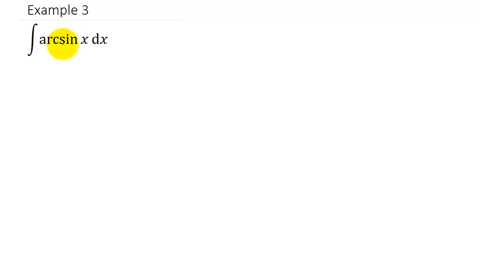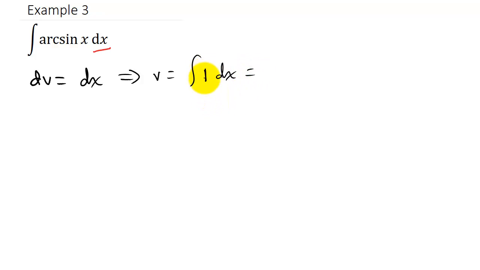We can't let it equal arc sine x, so we'll let dv equal dx. So v is equal to the integral dx, and that's like a 1 there, and if we integrate 1, that's just x, and so u is going to be arc sine x.